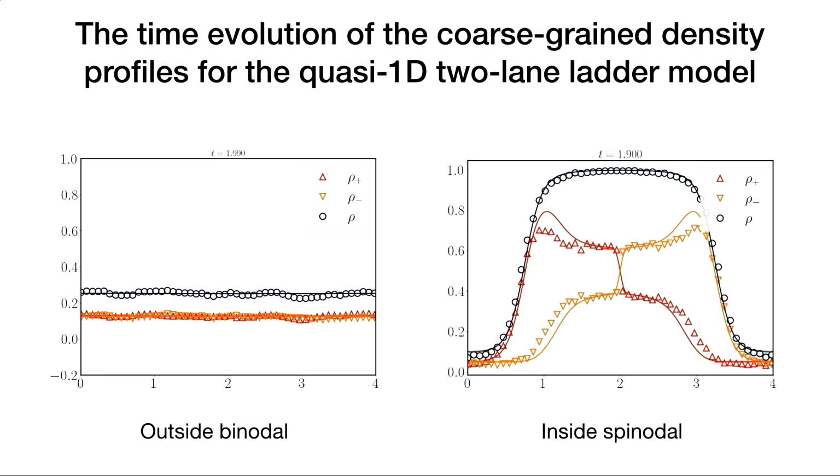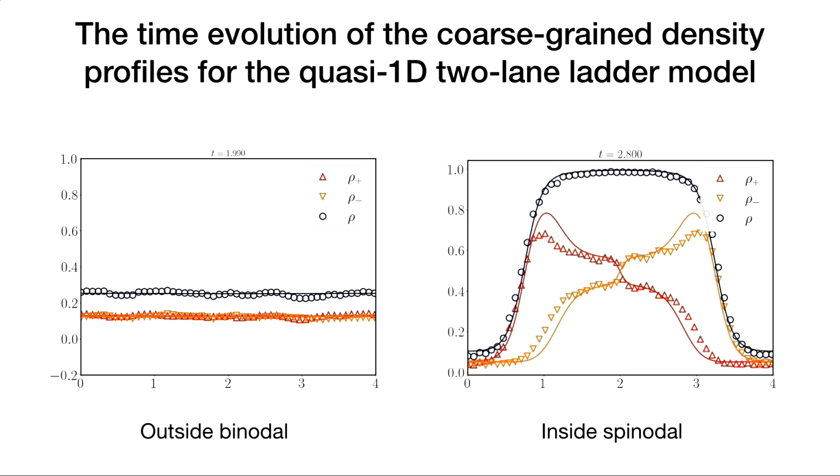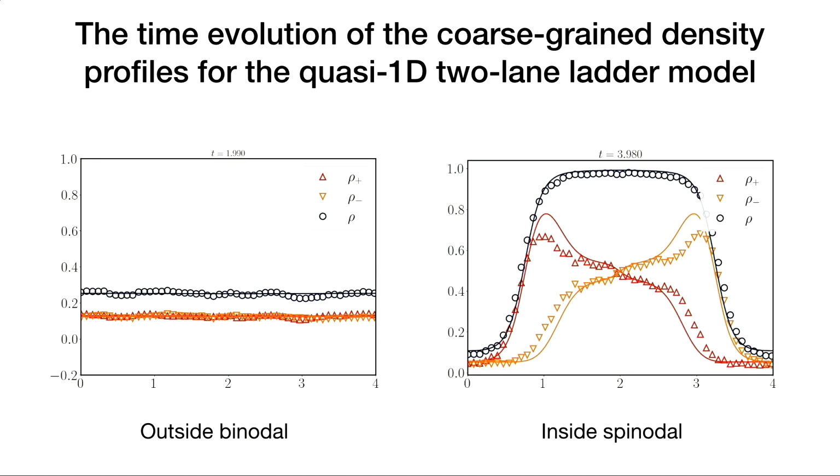Outside this binodal it goes to the homogeneous state, and inside this spinodal it goes to the phase separated state. These lines are the evolution of the noiseless hydrodynamic equation, and these points are the simulation of the microscopic model, and they follow nicely.